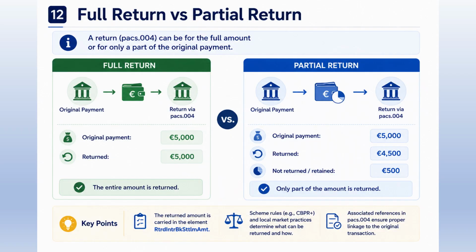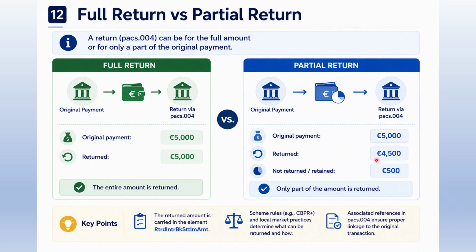A return does not always have to represent the entire original payment amount. Let's take an example. Suppose the original payment was 5,000 euros. In a full return, the entire 5,000 euros is sent back. But in a partial return scenario, maybe 500 euros is returned.